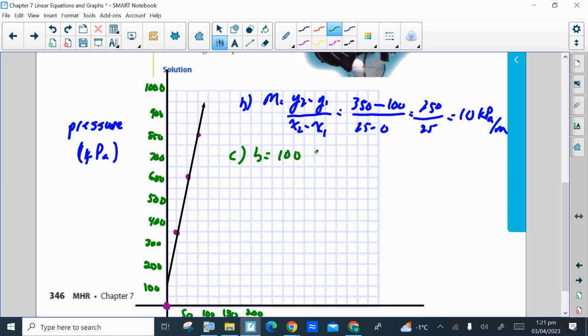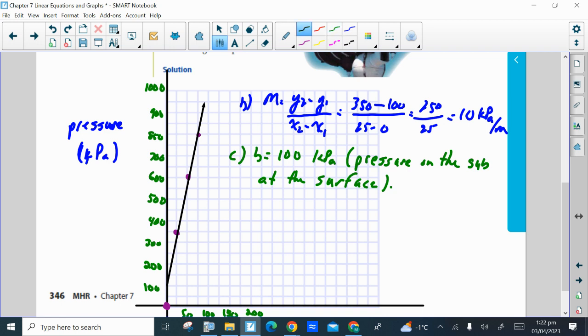So this is 100 kilopascals, which is the pressure on the sub at the surface. So it's sitting on the surface, but the water is still exerting pressure on it.